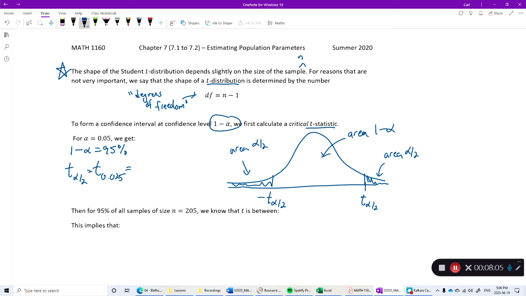But now instead of being norm.s.inverse, it's t.inverse. And we have to tell it the area, which is 1 minus alpha over 2. But we also have to tell it the degrees of freedom, which is n minus 1. Because the shape depends on n, it can't figure out the critical t value unless it knows the n.